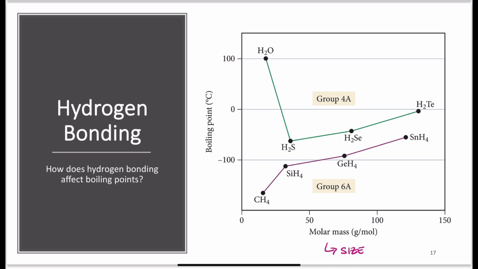If I look at the group 4A elements here, I've got CH4, SiH4, GeH4, and SnH4. So carbon tetrahydride, silicon tetrahydride, germanium tetrahydride, and tin tetrahydride. Okay. I see as I go from carbon to silicon to germanium to tin, that's basically going down the table.